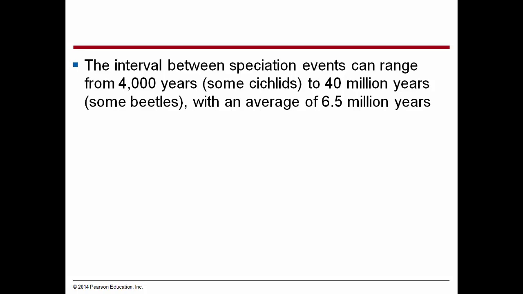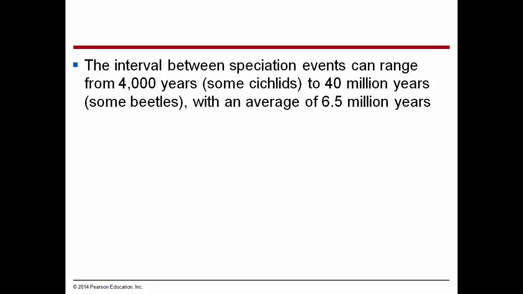The interval between speciation events can range from 4,000 years in some cichlids to 40 million years in some beetles. It all depends on environmental conditions and the fertility of that organism. You might expect speciation to occur more frequently in prokaryotes that reproduce more rapidly, or insects may have a more rapid speciation.